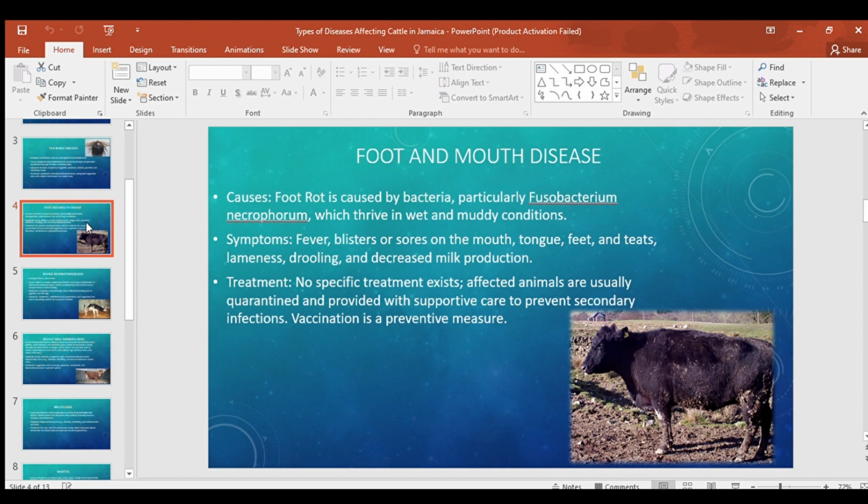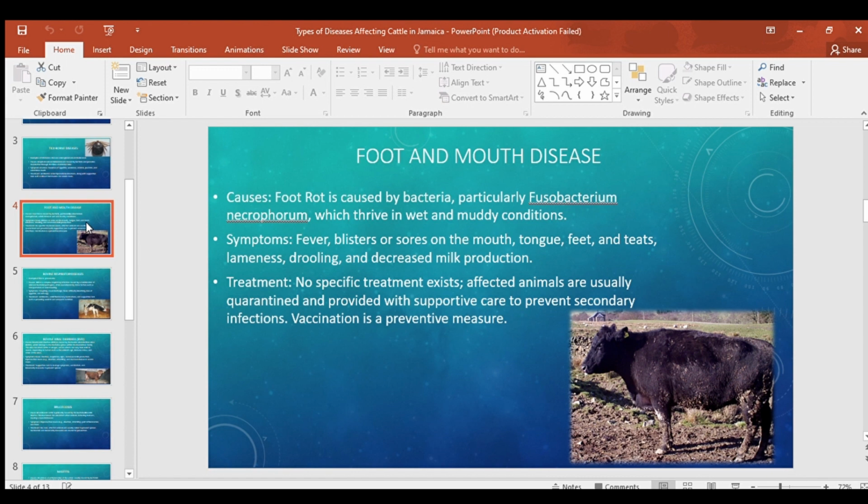milk production, and this is as a result of stress, because when the animal is under adverse stress such as a disease like this, it will cause a drastic decrease in their milk production as well. The treatment, there's no specific treatment for foot and mouth disease.